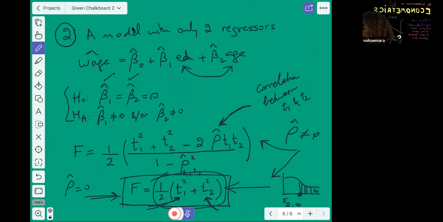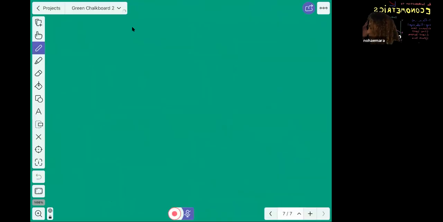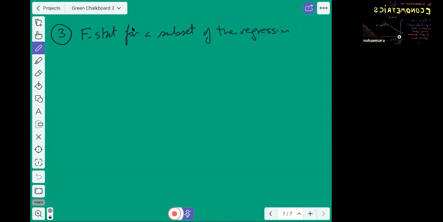Next, let's go to a more complicated version of the F statistic. This is number 3, where you're using the F statistic for a subset of the regression model. In other words, I have a model like this.